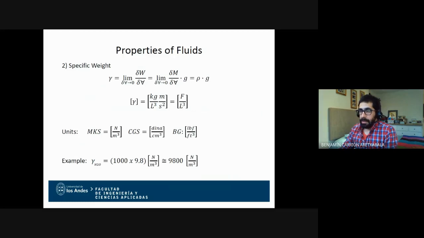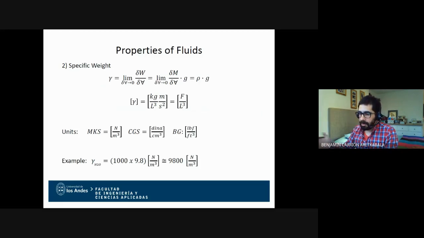Okay, specific weight is nothing more than specific mass times gravity, g, right? And it has units of not mass but force over length to the power 3. So typical units are Newton divided by cubic meter, which you could write down as Pascal divided by meter, for instance.